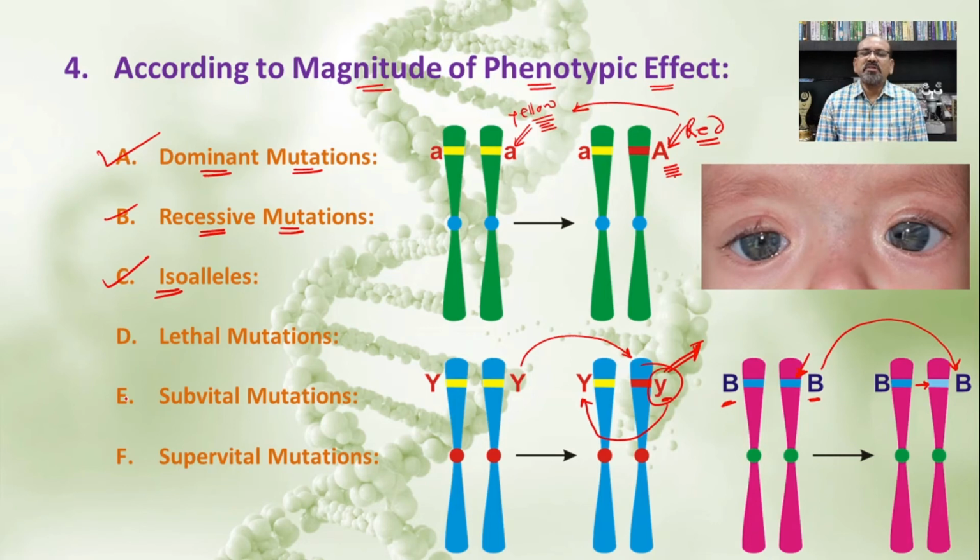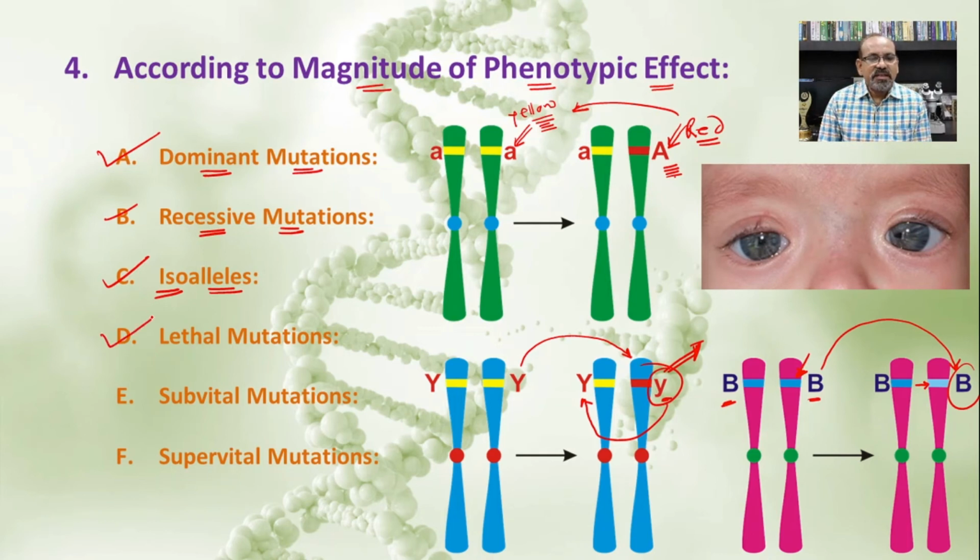Such a type of mutation, which does not change the characters or the phenotype of the organism much, is known as an isoallele. Even after the mutation, it is not responsible for a change in the characteristics of the organism.